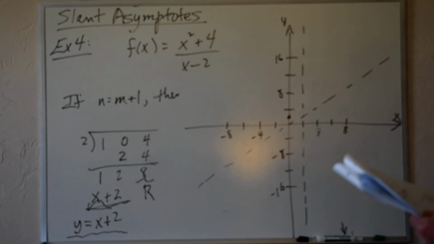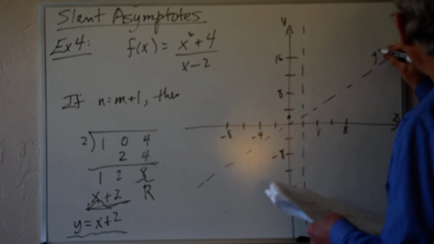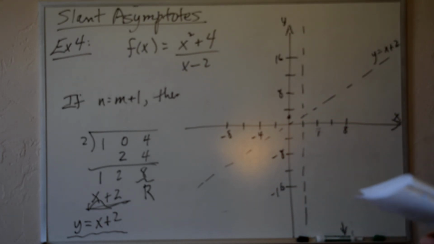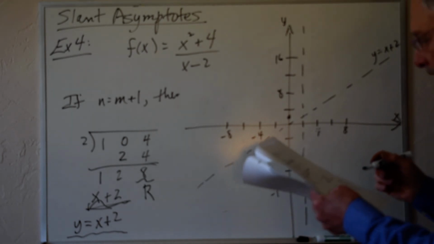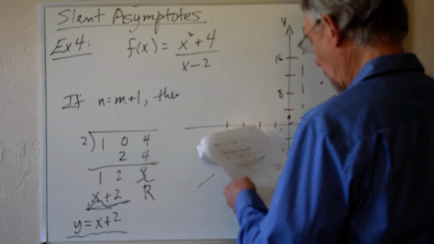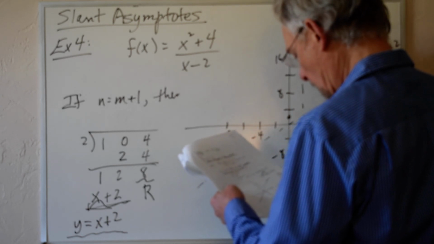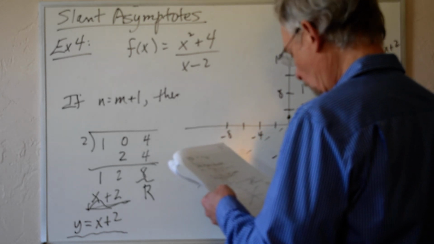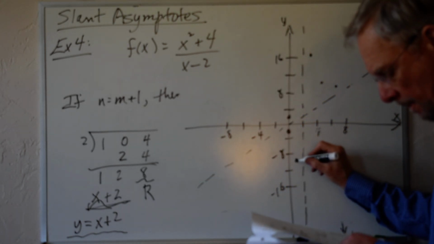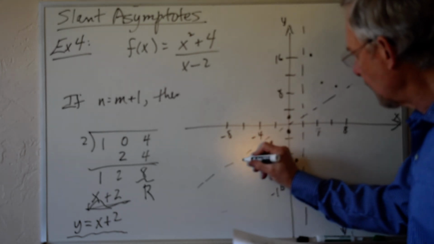So my slant asymptote is the line y equals x plus 2, and it would look approximately at that slant. Then I start plotting points. This one's here, this one's here, this one's here. This one is my y-intercept. This one. A couple more over here.